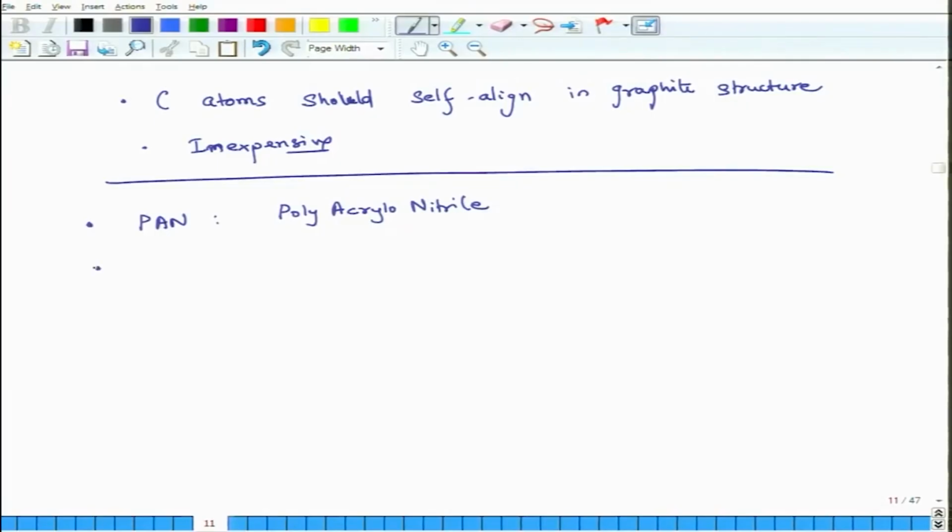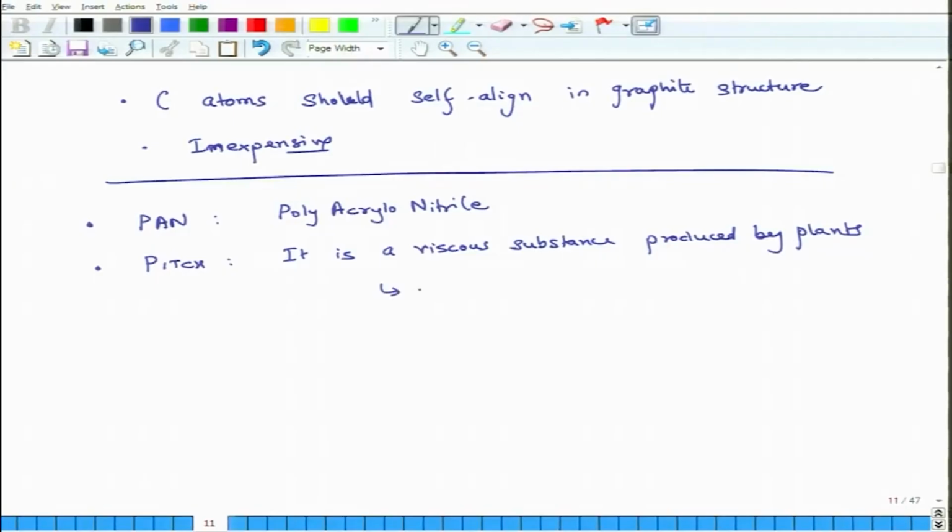The other one is pitch. Okay. What is it? It is a viscous substance produced by plants, or you can have artificial, synthetic pitch.